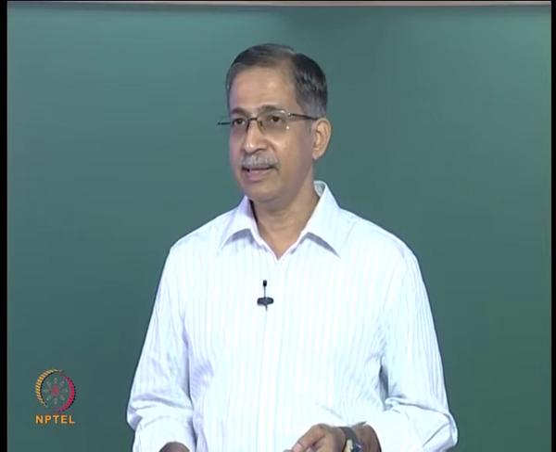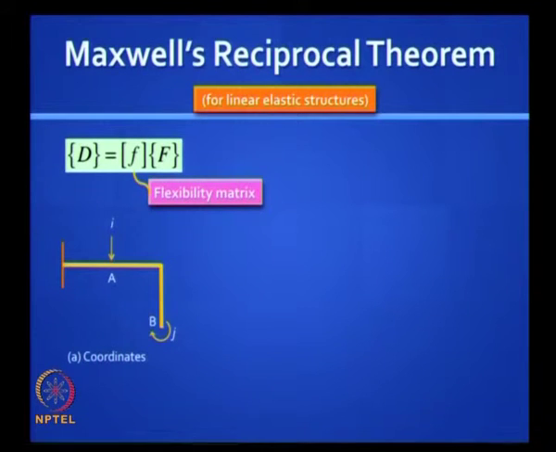Okay, so in the language of flexibility matrices and coordinates, let us take any structure linearly elastic. Let us look at that cantilever frame, and we mark 2 coordinates, and deliberately we have taken 2 different types of degrees of freedom. What is indicated as I is a translation and J is a rotation.